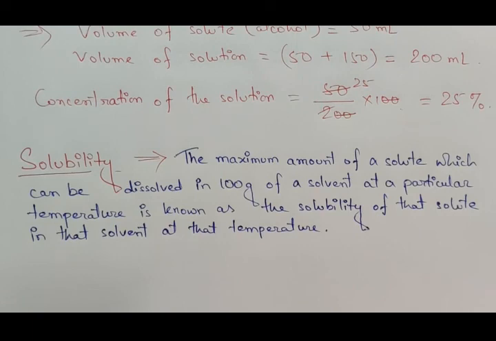Okay. So the soluble substances are those which have high solubility. For example, any salt like copper sulfate or magnesium sulfate or sodium chloride, potassium chloride, they are highly soluble in water, but silver chloride is insoluble in water. And some substances like calcium hydroxide are sparingly soluble or partially soluble in water.